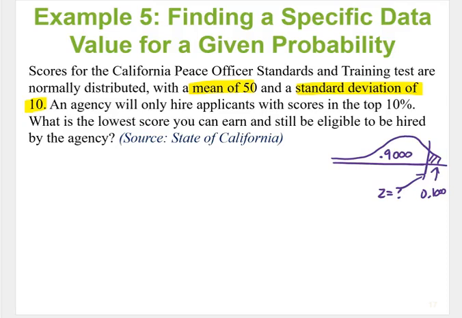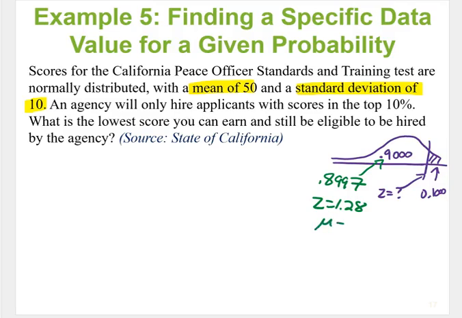So I'm going to choose that 0.8997 because that's the closest. The closest I could find for this area is 0.8997, and that has a z-score of 1.28. So I have a z-score of 1.28 for my top 10%. So I have to have a z-score above 1.28 to be hired by this agency.